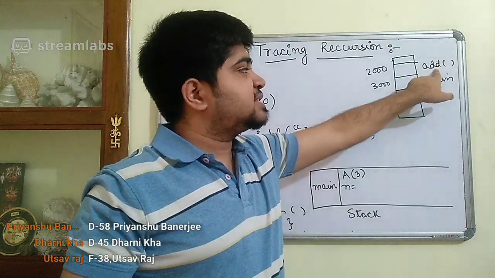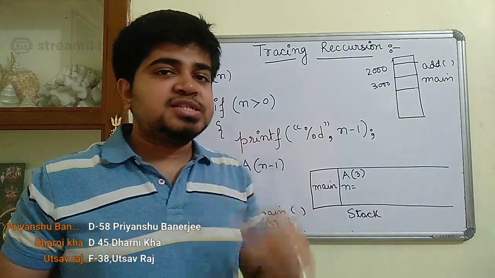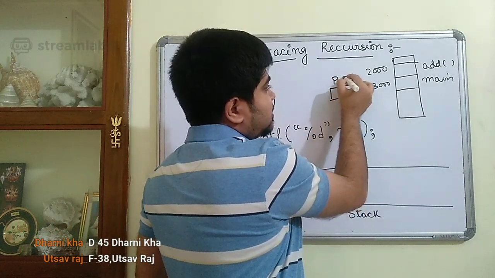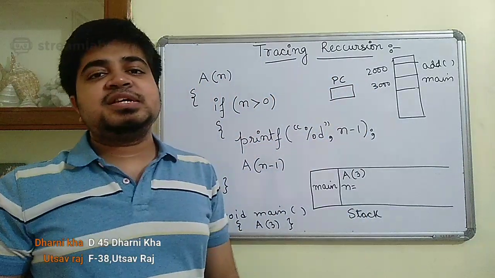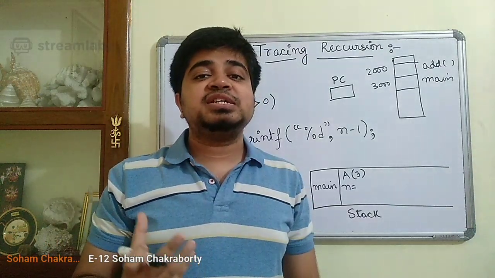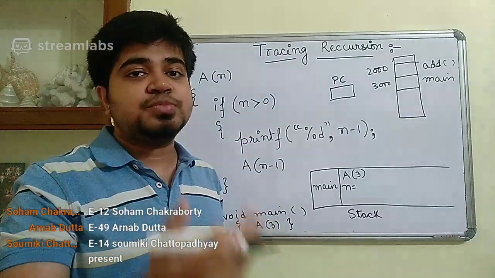When it is calling this function add, there is a register called the program counter. That register is responsible for holding the address of the next instruction which is to be executed.